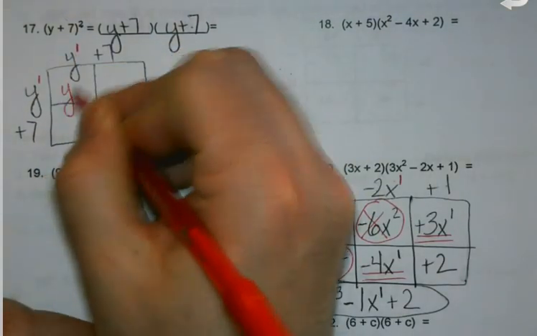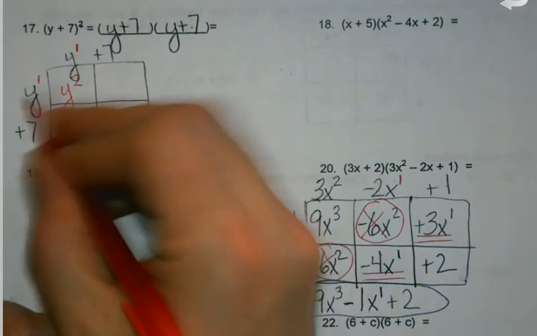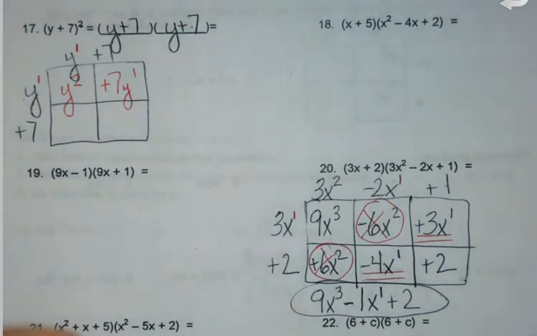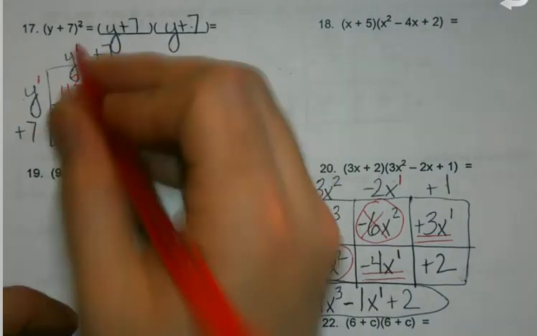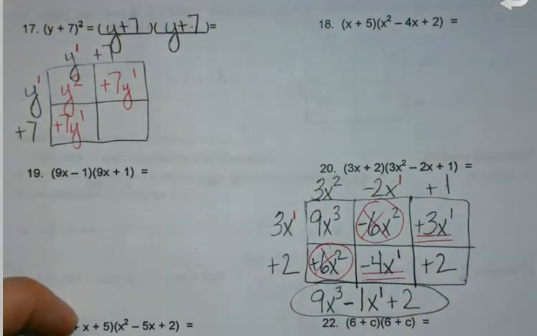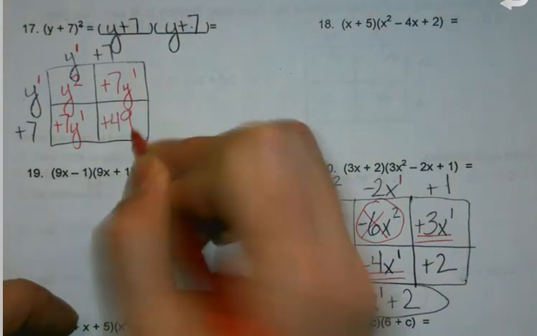Y and y is y squared. 7 times y is 7y to the first. 7 times y is also 7y to the first. And 7 times 7 is 49.